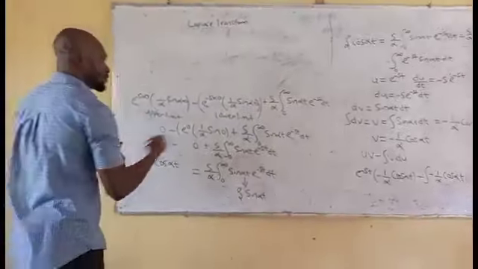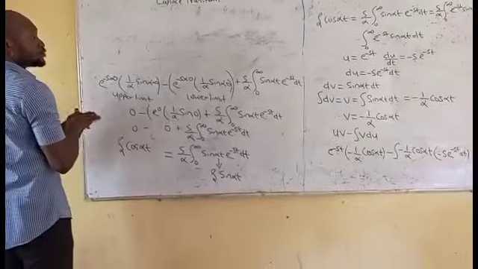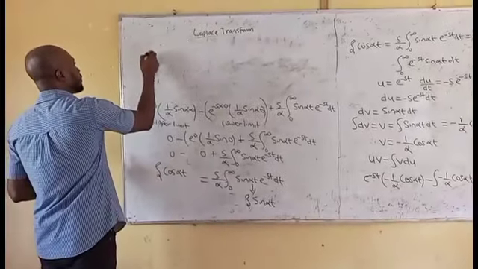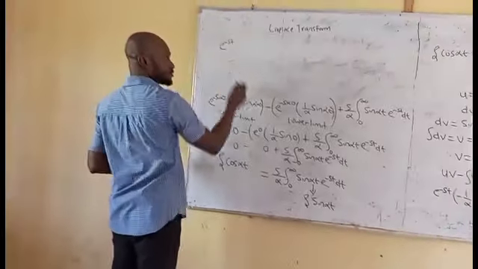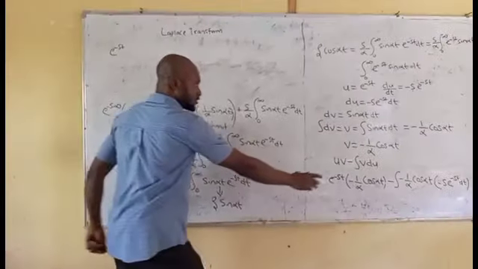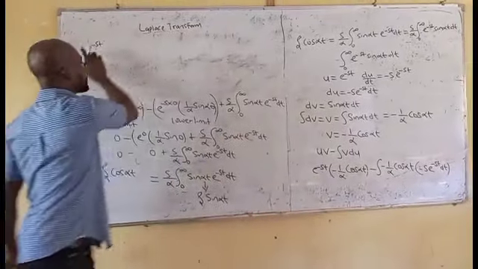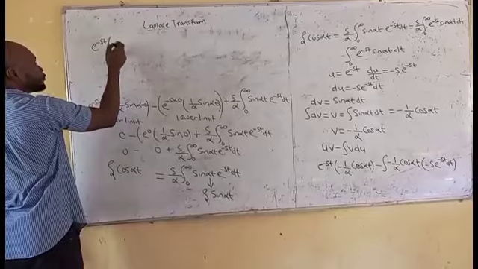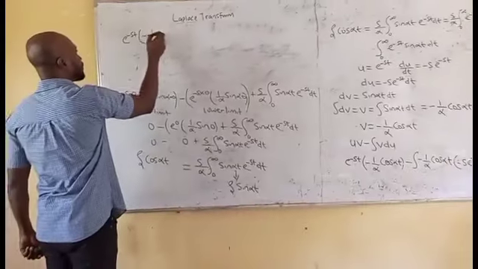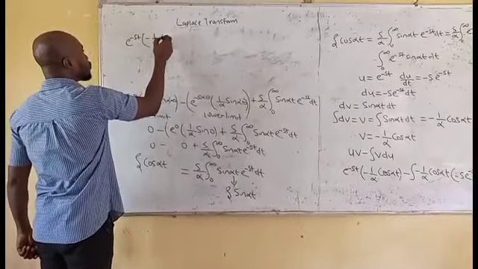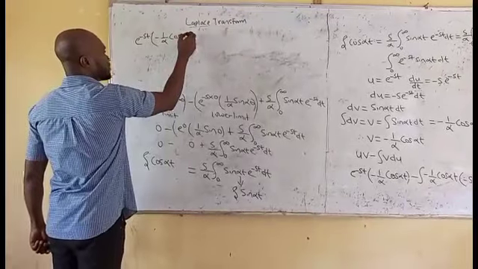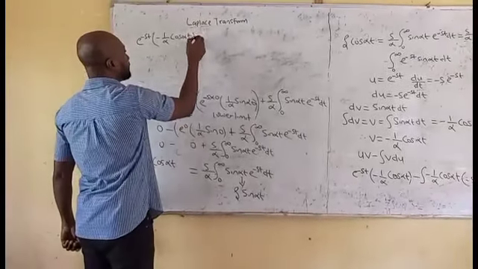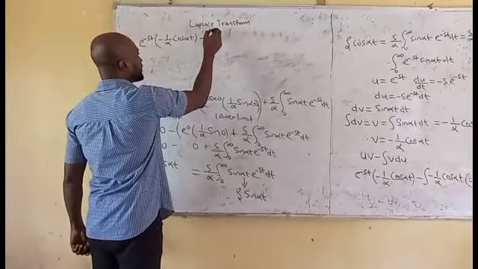So you're going to have this exponential minus st, I'm writing it here, st into minus 1 over alpha cos alpha t, minus integral.